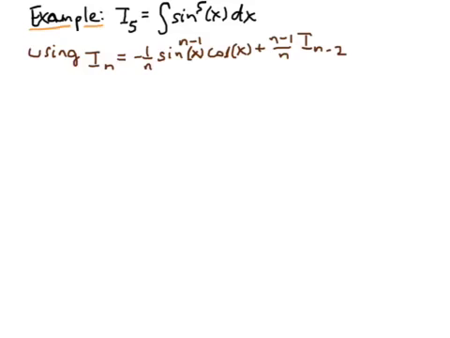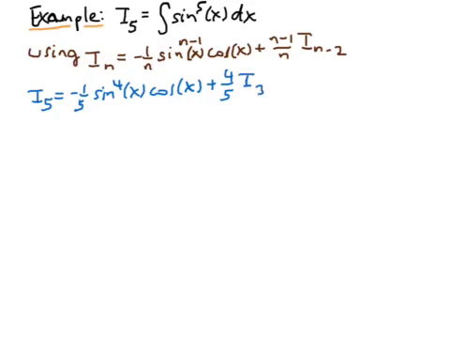Okay, welcome back. So what we have is that I5, using our reduction formula with n equals 5, is minus 1/5 sine to the fourth of x times the cosine of x plus 5 minus 1 is 4 over n, which is 5, times I3, 5 minus 2. We use the formula again, but now with n equal to 3.